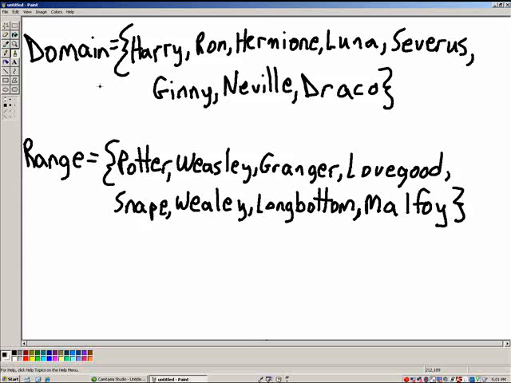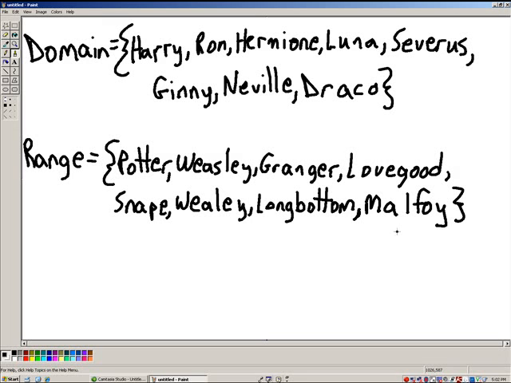So we had the braces, and then we list the domain, and we list the range. The order within the set is irrelevant. You can put them in alphabetical order if you want. You can put them in the order that they're used. If they were numbers, you could put them in numeric order. The order is irrelevant. What matters is that you list the domain and list the range.